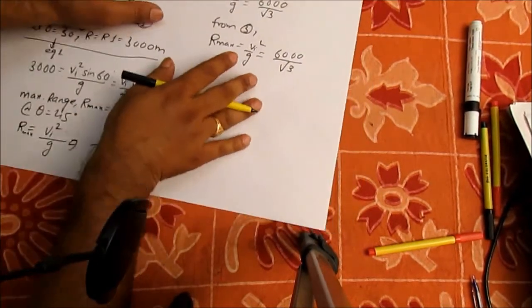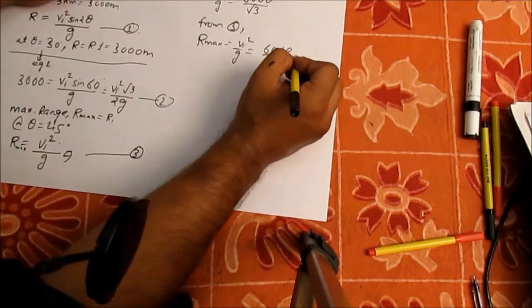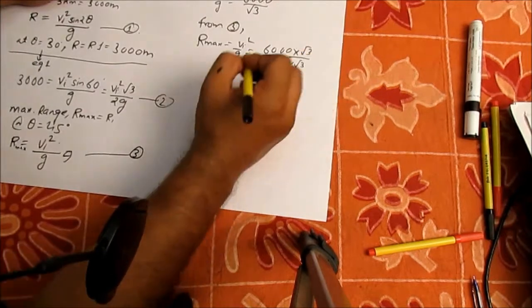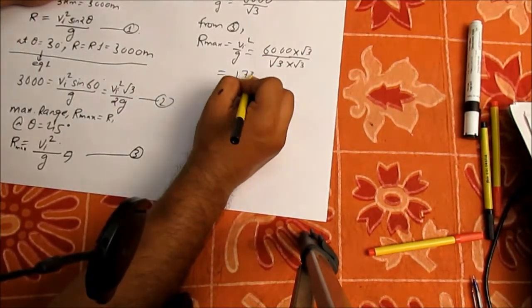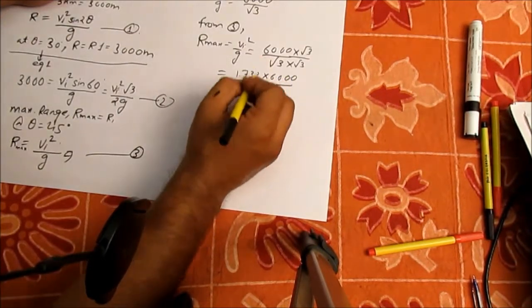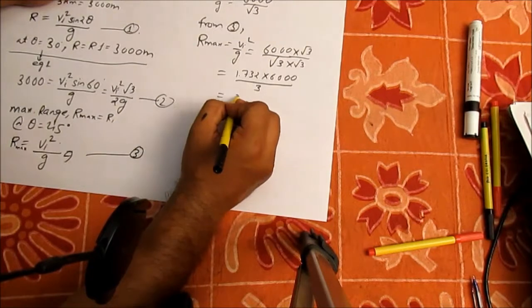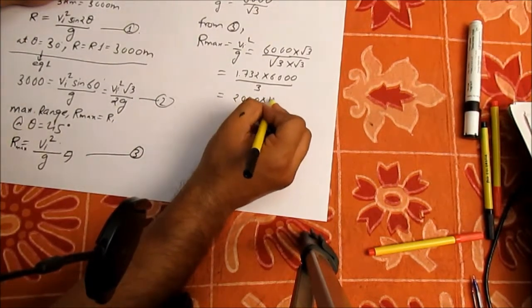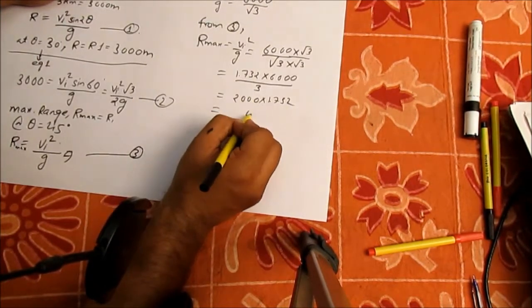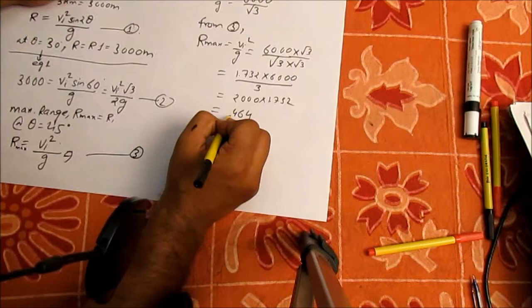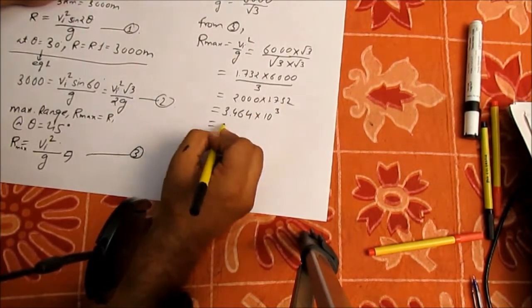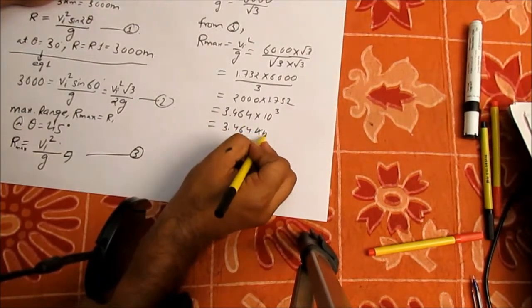To solve this, I will multiply both numerator and denominator by root 3, and I will get 1.732 into 6000 divided by 3. So it will be 2000 into 1.732. Multiplying this, I get 3464, that is 3.464 kilometer.